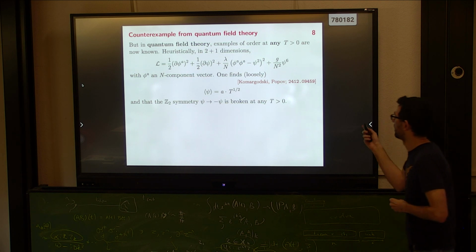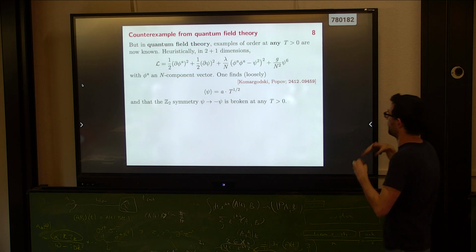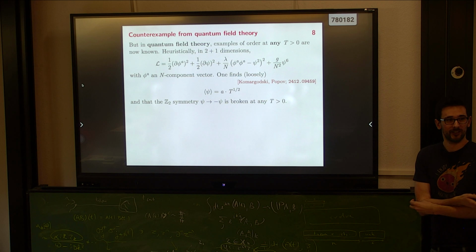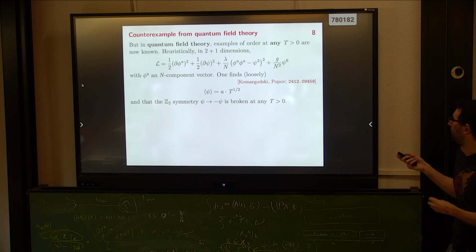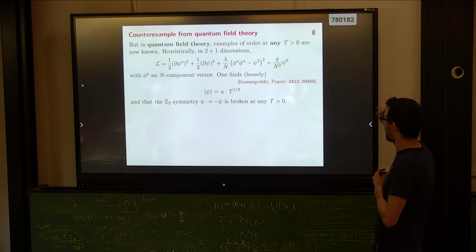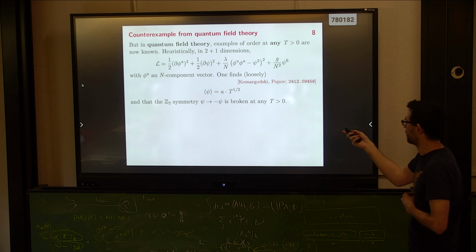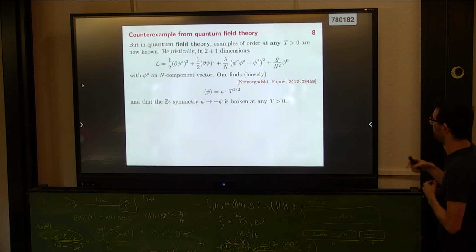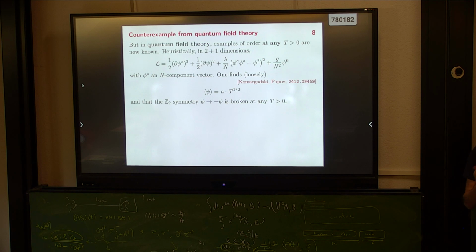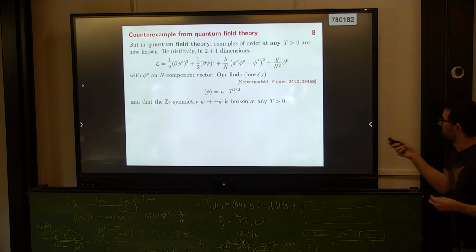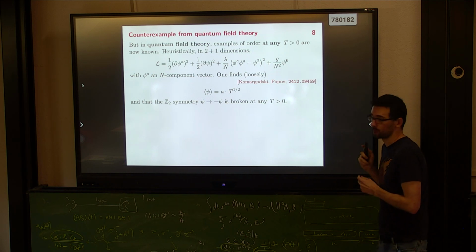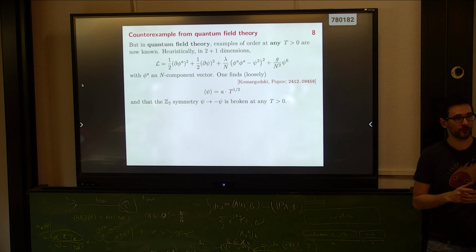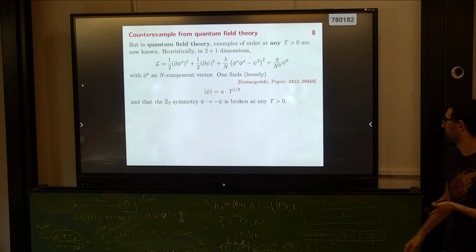And I'll explain the physics of this model a bit later in the talk after we learn some simpler models. But to introduce it at a high level now, this model describes an n-component vector, phi, interacting with a real scalar, psi. This theory has a Z2 symmetry, psi to minus psi, which will be spontaneously broken at finite temperature. Okay?